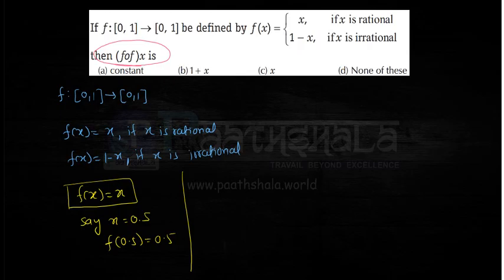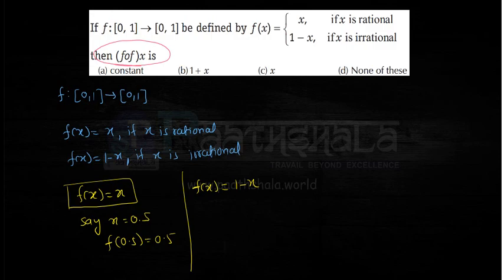If x is irrational like root 2 by 2 or pi by 4, then f of x is equal to 1 minus x. So instead of returning the same value, it gives us the complement with respect to 1.